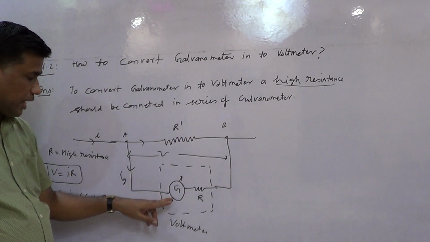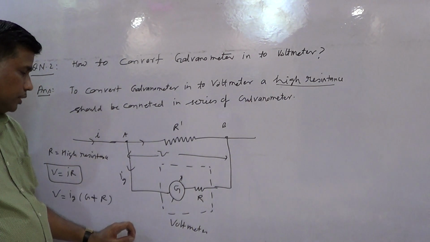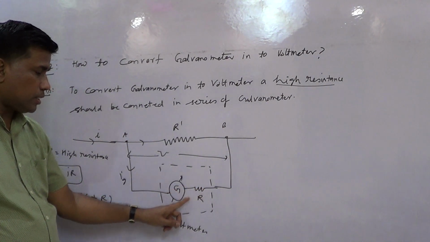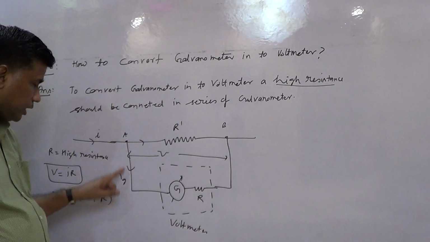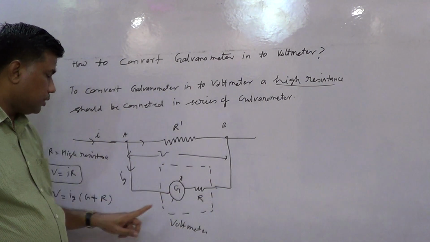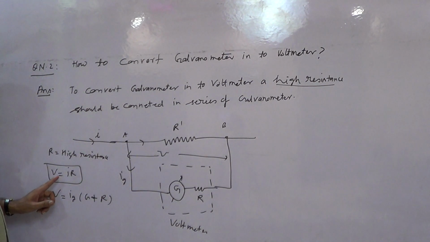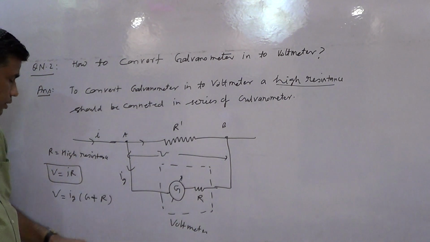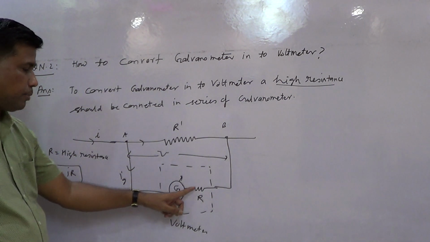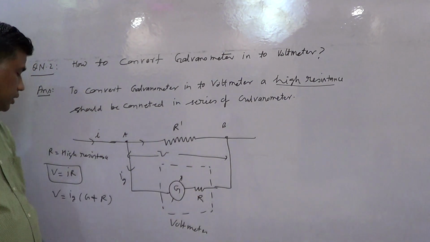But to make galvanometer into voltmeter, I have connected a high resistance in series, and the total resistance of this voltmeter will be G plus R. And the current passing through this arm is I suffix G. So potential difference, with the help of the formula V equals IR, we can calculate as I suffix G into G plus R. At the place of R, I have written G plus R because the resistance of this voltmeter is now G plus R. Both are connected in series.